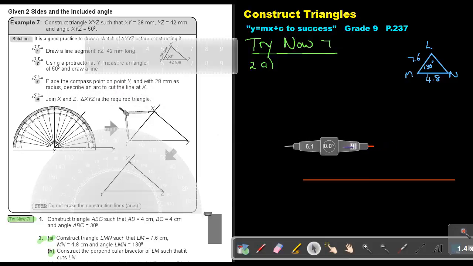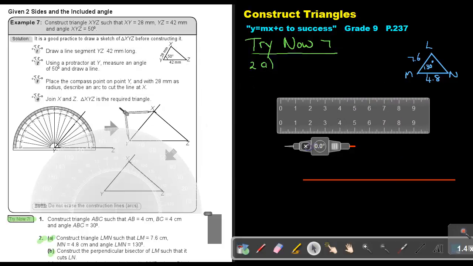I know this one cannot stretch too small, but let's see if it can go to 4.8. Okay, let's see. I think it's 4.8. Wow, it's just doing it. Just there, 4.8, exactly.